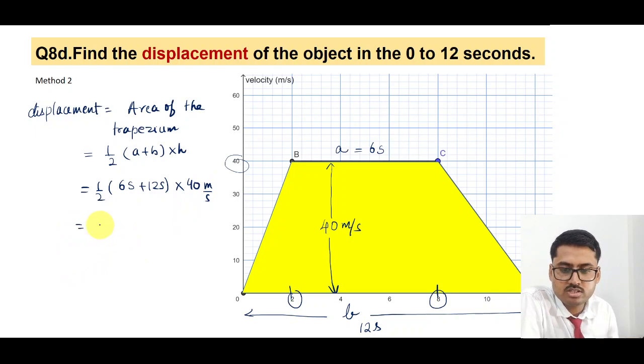So this is half into 12 seconds into 40 meter per second. Let us cancel the seconds and seconds. This is basically 2 and this is 6.